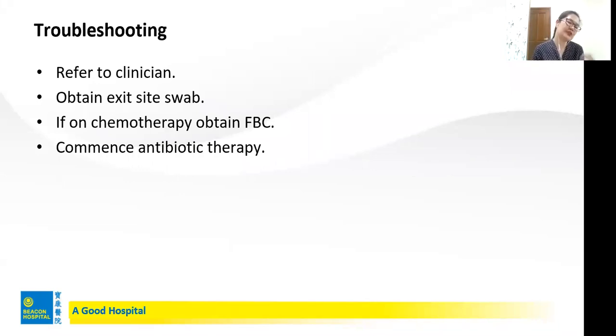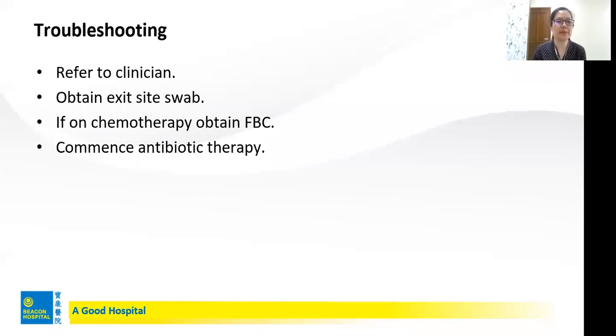Troubleshooting, what if infection has already happened? You can see redness, discharge, pus, everything. Of course, you have to refer to the consultant, the clinician, and can obtain an exit site swab to see the culture and sensitivity result. Then the doctor can prescribe antibiotic therapy according to the C&S result.